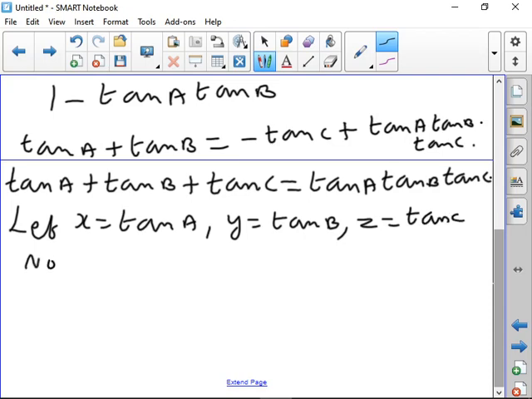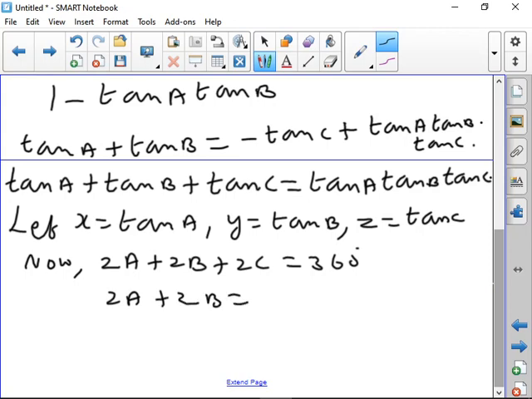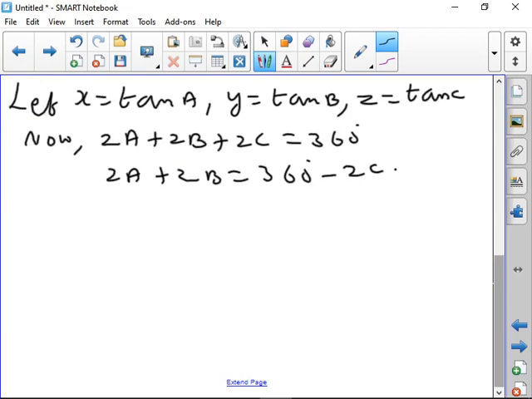And now also, because a plus b plus c is equal to 180, we multiply throughout by 2, we get 2a plus 2b plus 2c is equal to 360. 180 into 2, 360. So 2a plus 2b we can write as 360 minus 2c.